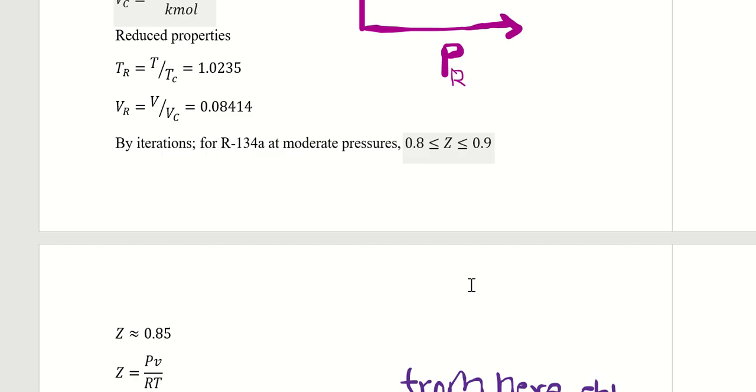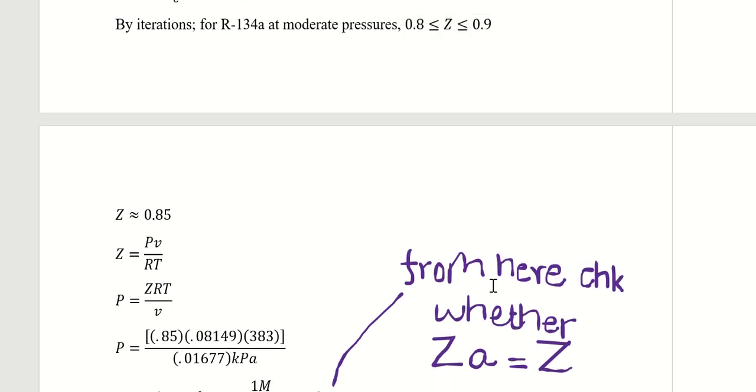But now we cannot have a reference reduced pressure, so we have to guess. So now you're going to pick a value in between. And here we're going to pick 0.85, and from that you know that the compressibility factor is equal to PV divided by RT.